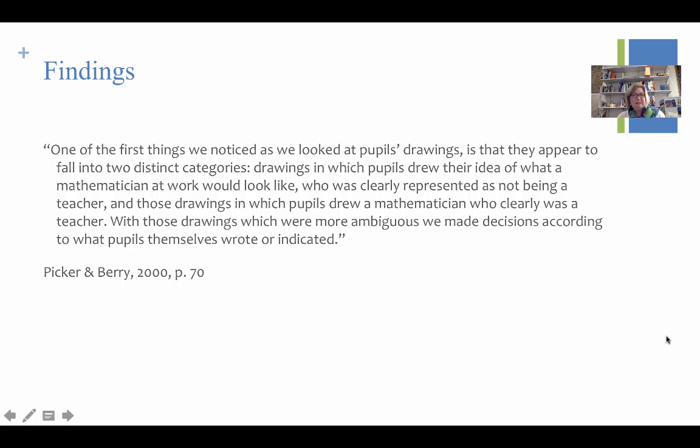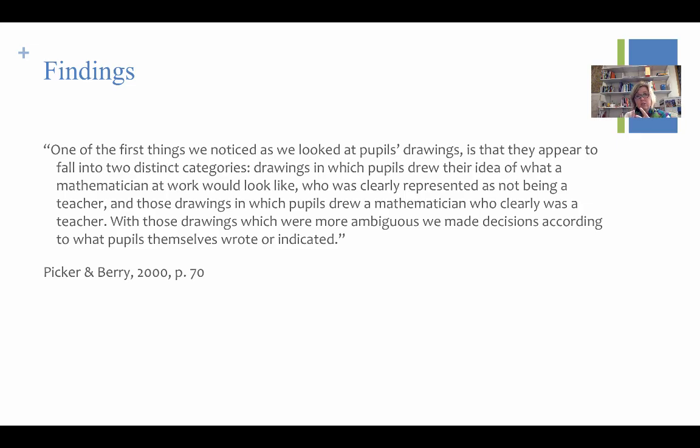So presumably, one of the findings, and again, the findings depend on the research question, because it depends on what the examination has been. One of the first findings that Picker and Berry noticed was that the drawings fell into 2 categories.